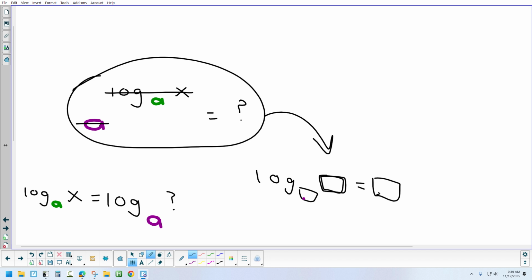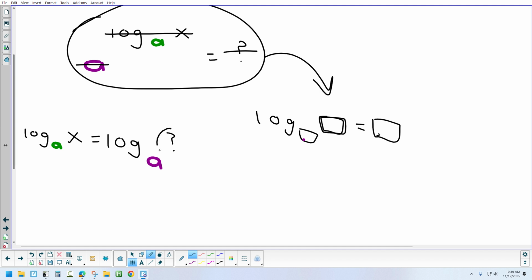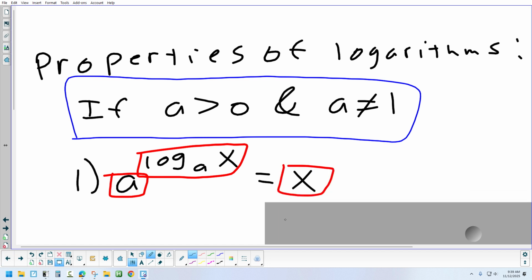So A was my base. Logarithm always equals the exponent. That was the degree in A. That's the exponent. And what ends up by itself on the other side becomes your argument. So if you were going to solve this equation, what's the answer to the question mark? Yeah, x. So anytime that you have something that's written in this form, it always reduces to just x.